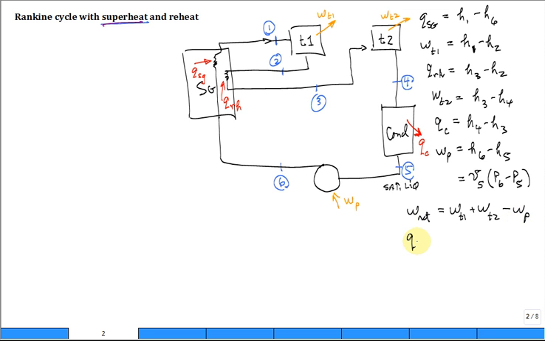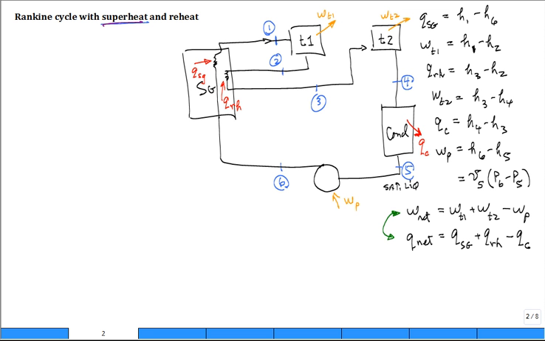Likewise, Q net in is going to be the Q from the steam generator first pass plus Q on the reheat in the steam generator, minus Q dumped out of the condenser. And I recommend that you always check that these are equal, because if they're not, look for an error. Energy is conserved for the whole system. So W net out must equal Q net in.